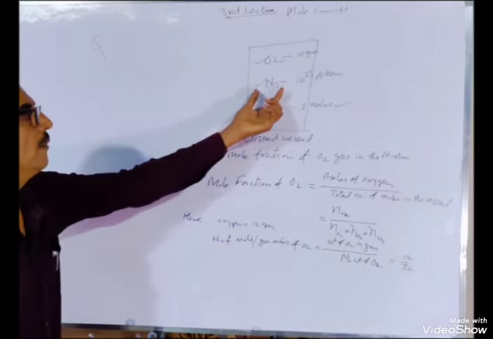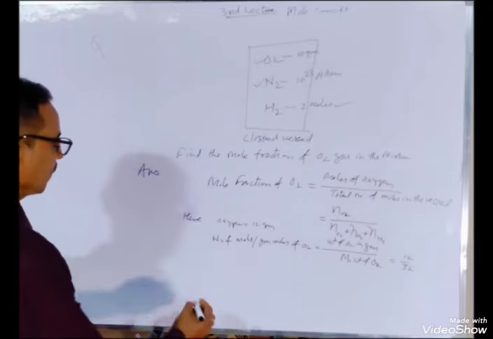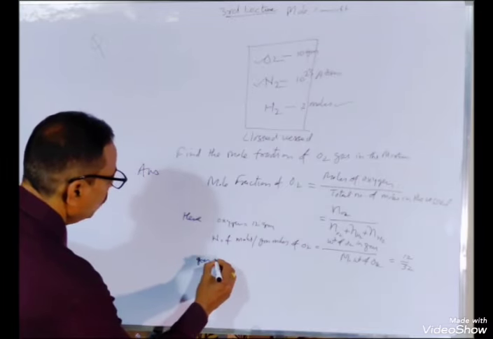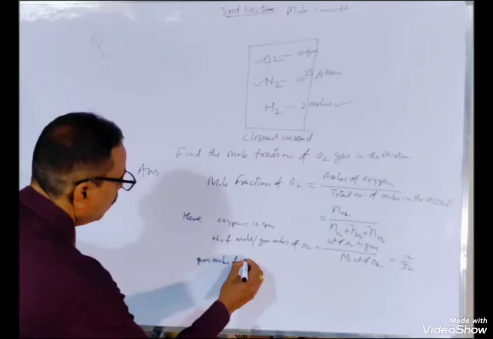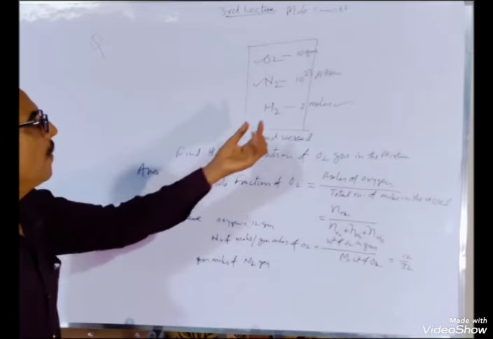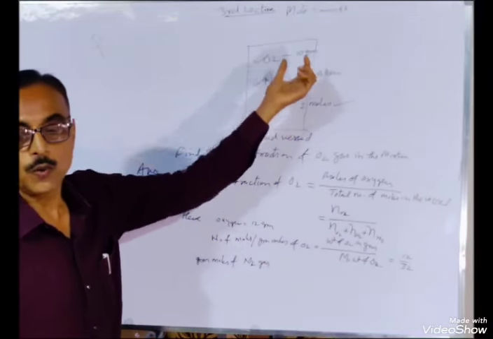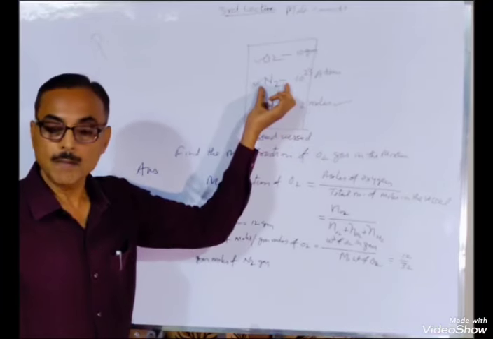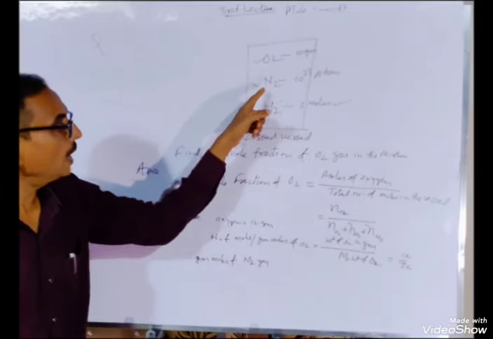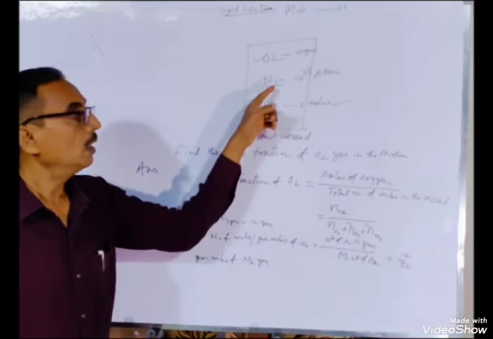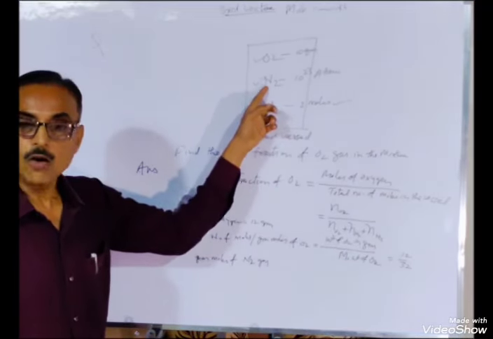Now similarly find the moles of nitrogen. Similarly, gram moles of nitrogen N2 gas. Here the number of atoms is given. So first we convert the number of atoms into number of molecules. Since one molecule of nitrogen contains 2 atoms, this is a diatomic gas.